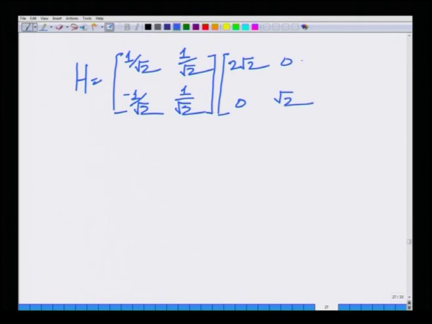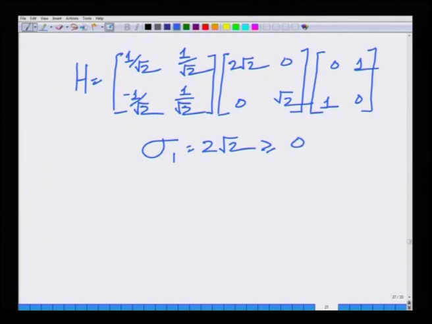root 2, 0, and now you can see the matrix U. Matrix V is orthogonal or unitary, U is also unitary. In fact, it has normal columns now, that is, the norm of each column of U is 1, and also the singular values sigma 1 equals 2 root 2 greater than or equal to 0, sigma 2 equals root 2 greater than or equal to 0, and further these are ordered.